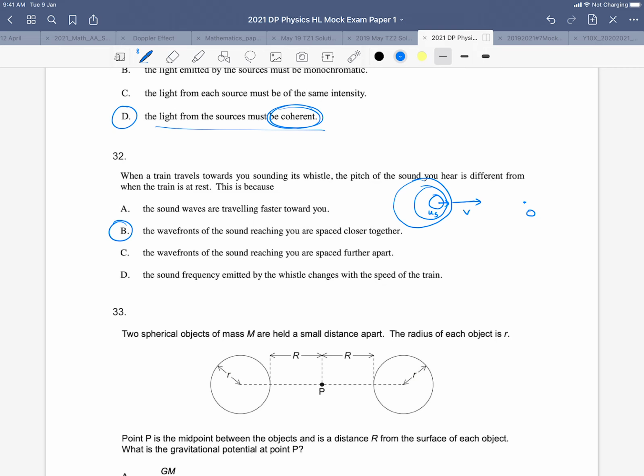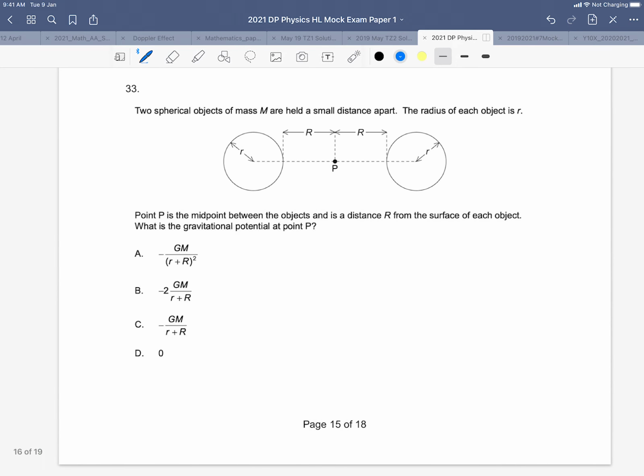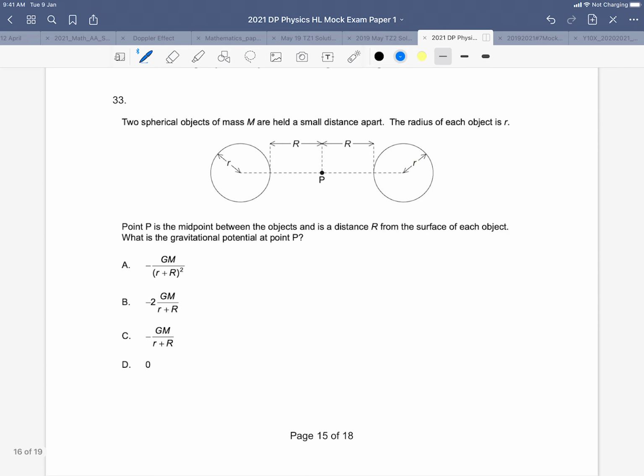They're not traveling faster towards you. They're still just traveling with the speed of the wave in that medium. They're not spaced further apart, definitely, and the sound frequency emitted by the whistle doesn't change with the speed. So the last answer is correct, but it's not explaining why you hear a different pitch. It's just stating that you hear a different pitch, okay? So B is correct.